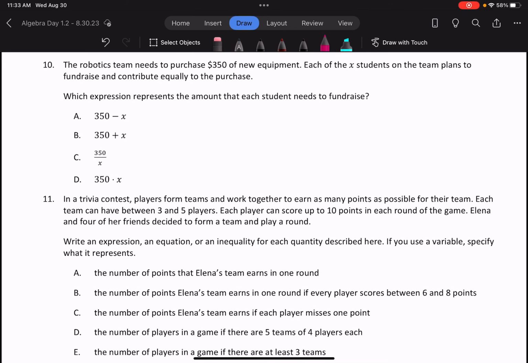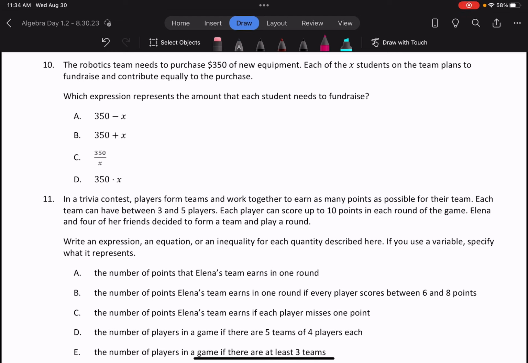Number 10, the robotics team needs to purchase $350 of equipment. Each of the X students on the team plans to fundraise and contribute equally to the purchase. Which expression represents the amount that each student needs to fundraise? So $350 of new equipment is being broken up by X number of students.